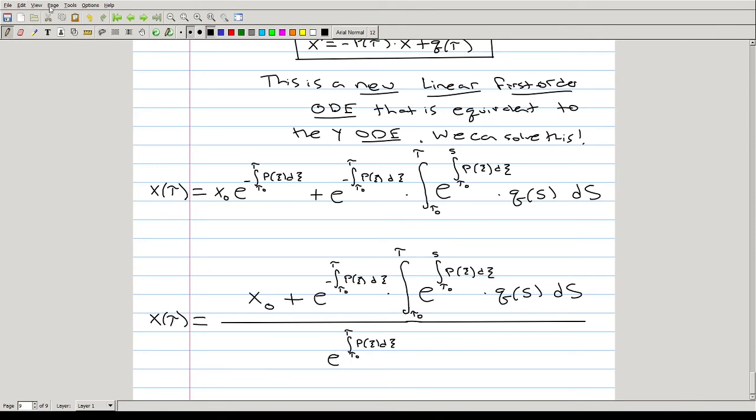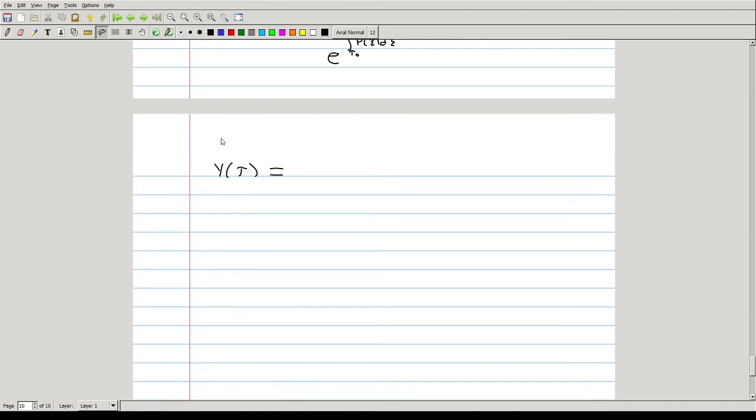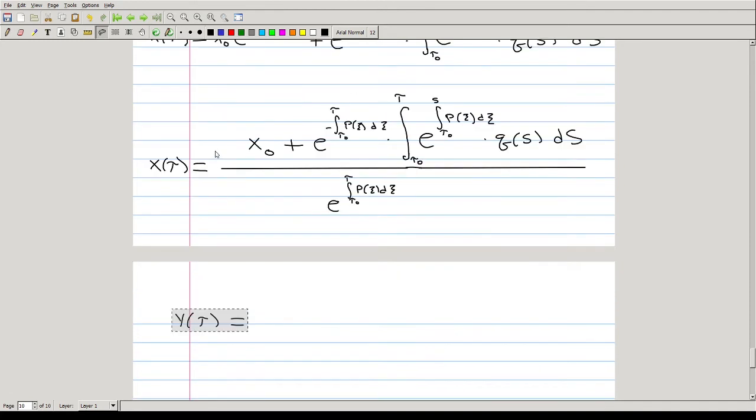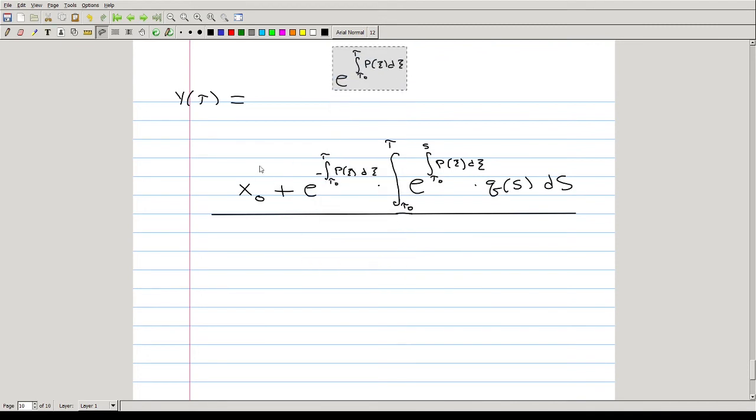So the exact solution for y is going to be 1 over our previous solution, which is going to be essentially this same expression right here, but 1 over it. So this in the numerator and this in the denominator.